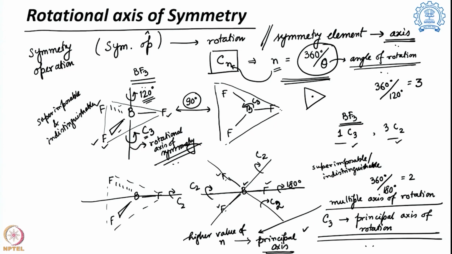That is why we want to understand the principal axis, and this is typically the highest value of n. Between C3 and C2, C3 is the highest value, so we end up having C3 as the principal axis of rotation.